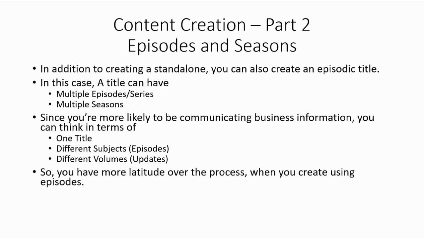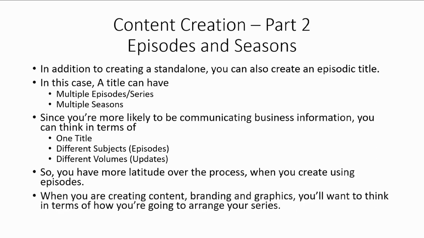So what you have here when you're using the episodes and seasons is you have more latitude over the process. Now, when you're creating your content, you're branding your graphics, you want to think of this in terms of how you're going to actually arrange your series when you place it in Amazon Video Direct.